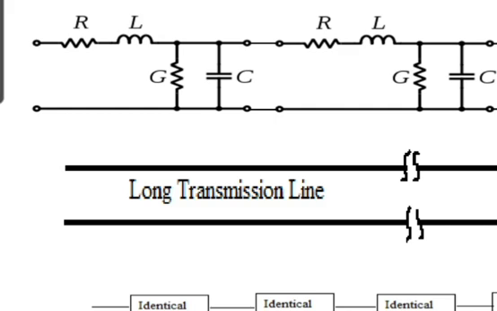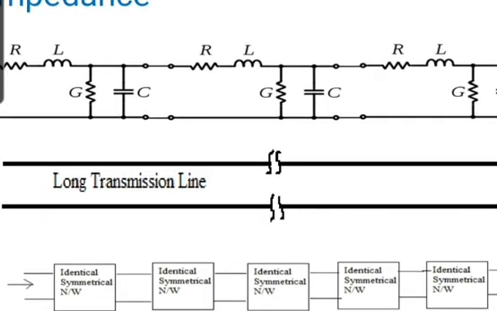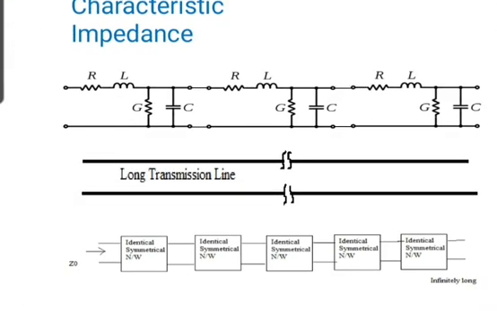Now here a block diagram is given. It consists of an identical symmetrical network up to infinity long, and Z0 is the impedance, that is, the characteristic impedance.